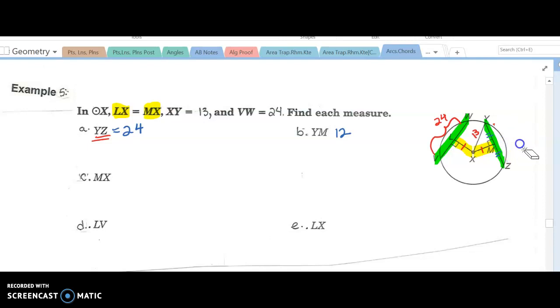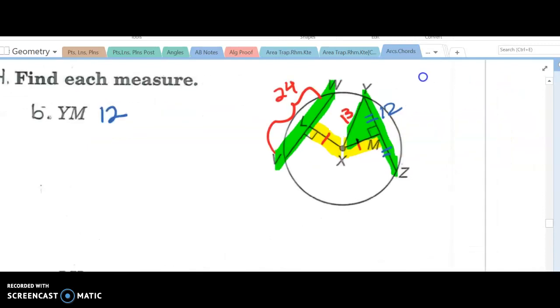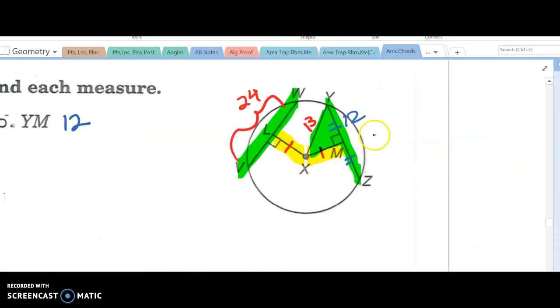And then MX. Now here's where it gets interesting. MX, I don't know. I also don't know LX, which would be congruent. But what I do have is a green right triangle. And when I know two sides of a right triangle and I don't know the third side, I can do the Pythagorean theorem to find the third side. So a squared plus b squared equals c squared.